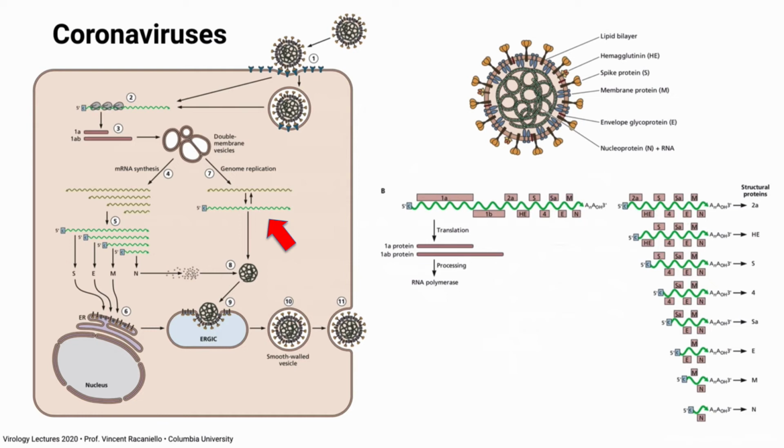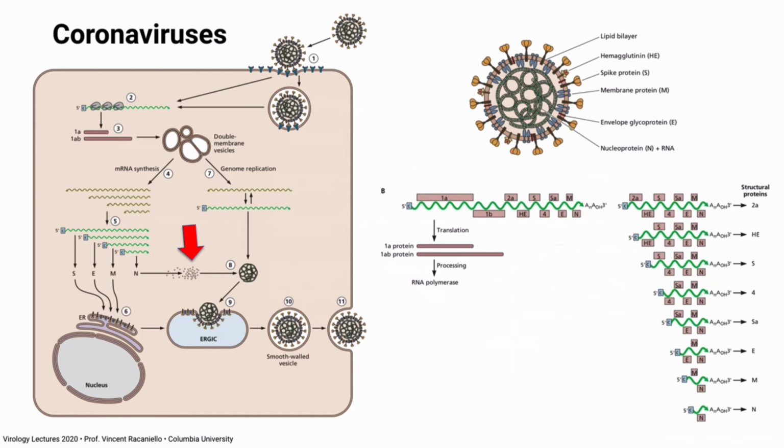So somehow, obviously, it needs to keep it all straight because it wants to only package the entire genome of the long strand of the mRNA. It doesn't want to package all the little mRNAs shown in parts 4 and 5. So in part 7, it's replicating the entire genome. It has to also put a cap on it. And then this genome goes down into 8.